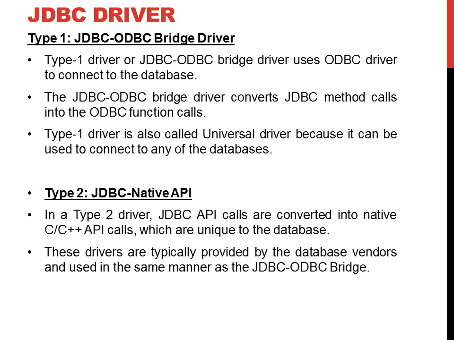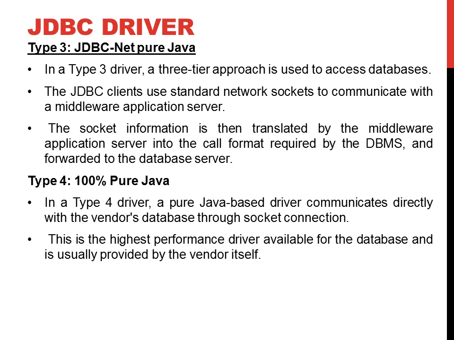Next is the type 2 driver, that is the native API. In this case, JDBC calls are converted to C or C++ API calls. Then comes the JDBC pure Java driver. Here there is a three-tier approach.